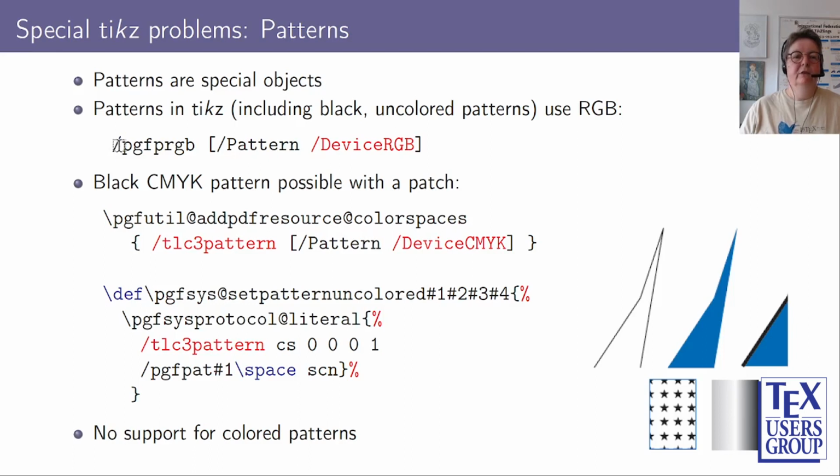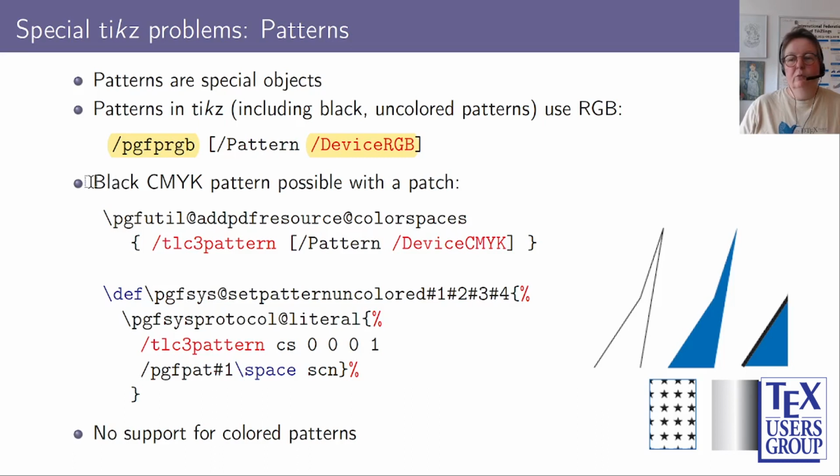TikZ creates in the color space resources something like this: a keyword to call the pattern, and then it tells that it's an RGB pattern. This is also the case even if the pattern is black and white. It's not gray then, but it is also RGB.